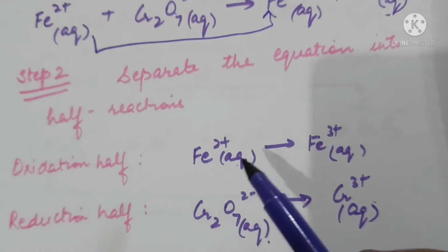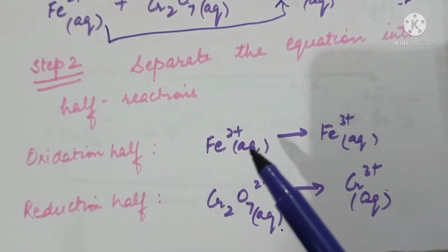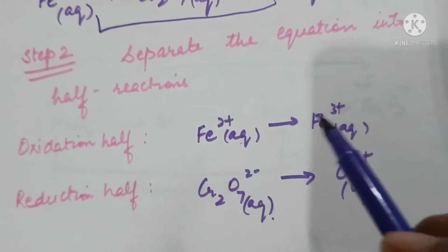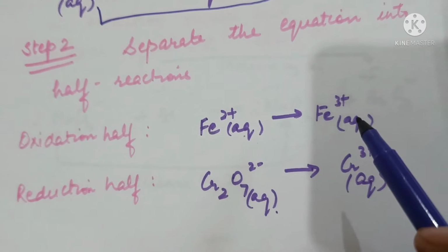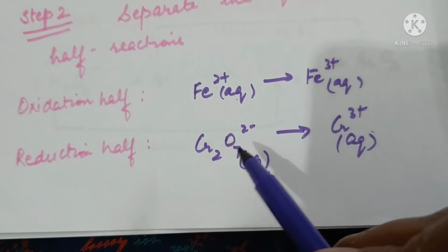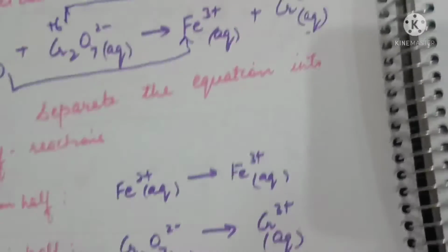To balance the oxidation half reaction, we will first balance the number of atoms. There is one atom on either side, so it's already balanced. For dichromate, there are 2 chromium atoms here, so we multiply this side with 2.